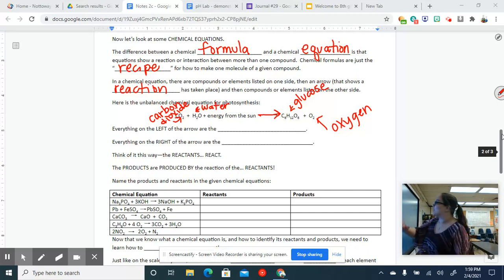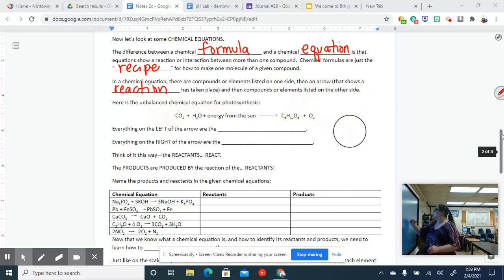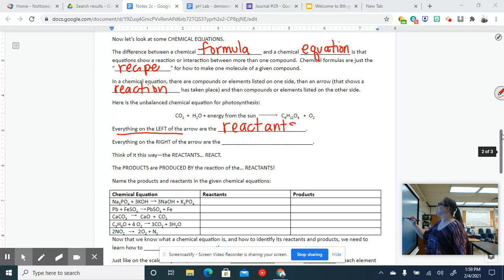Now, what's awesome is that no matter whether you knew what those compounds were or not, you still could have told me what are the reactants and what are the products. For photosynthesis, you know what a plant needs. That's the reactants. So everything on the left of the arrow are the reactants, the things needed for the chemical reaction to take place.